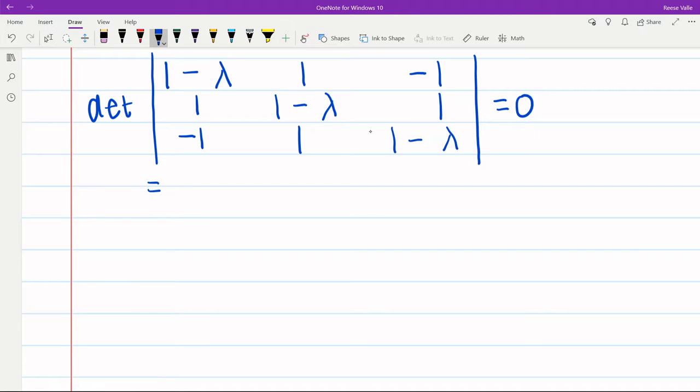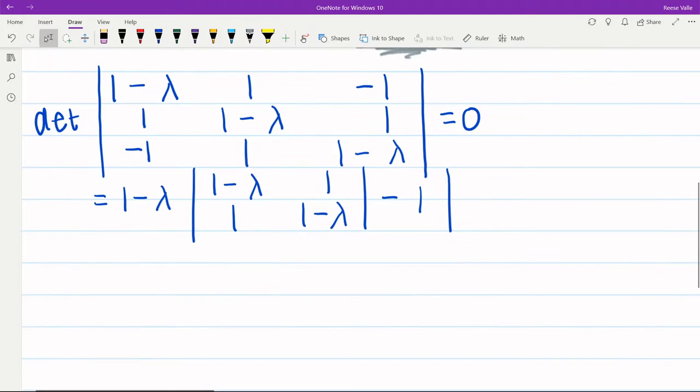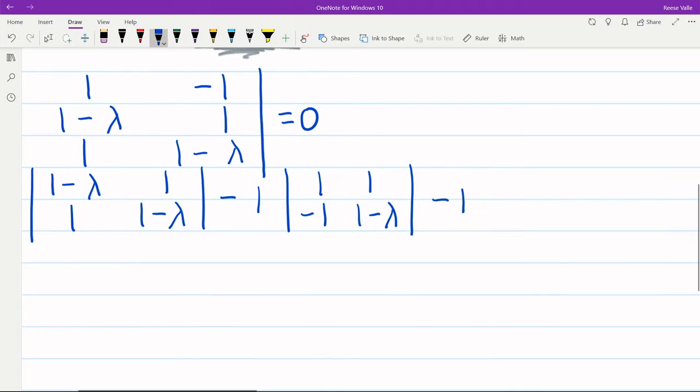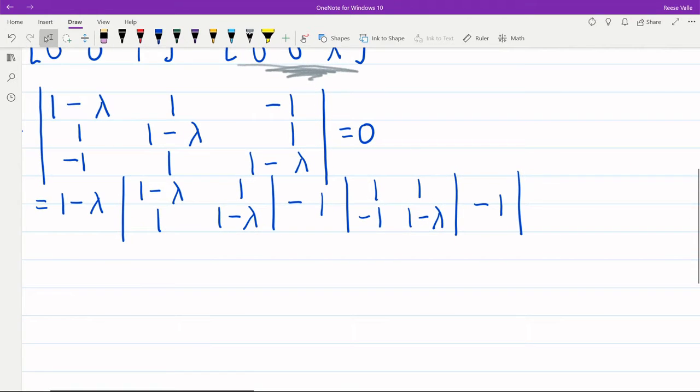I'm going to assume that you guys know how to calculate a 3x3 determinant, so it's just 1 minus lambda times the determinant of 1 minus lambda, 1 minus lambda, minus the first term being 1, and then that's going to be 1, 1, negative 1, 1 minus lambda. And then it's technically plus, but it's a negative 1, so it's another minus term.